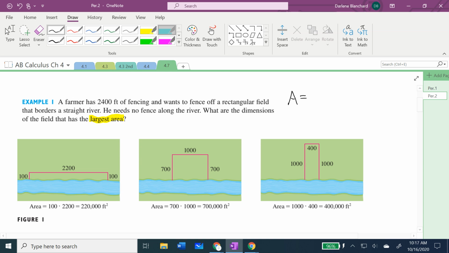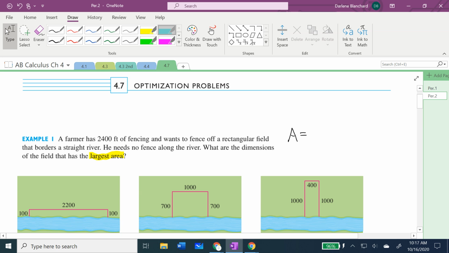So I'm going to draw the three sides, understanding that this is a rectangle with four sides, but those are the only three sides with fence. I'm going to make X horizontal and Y vertical. So the area of the rectangle is X times Y.